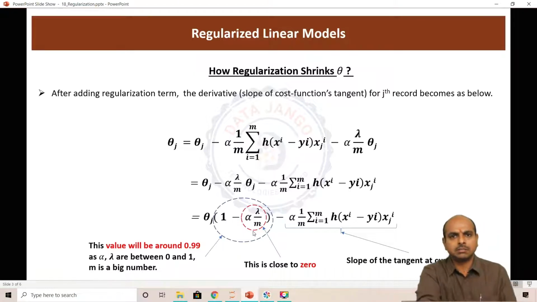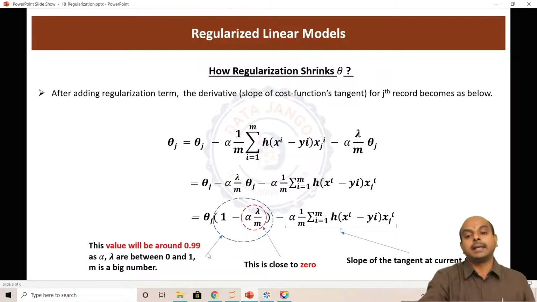Number of records must be at least 1000 minimum, right? 1000 is not a good data set. Maybe 10,000, maybe 100,000. It's going to make the numerator result even smaller. You are subtracting it from 1, that means it's going to be 0.99999 something, and you are multiplying that with theta.